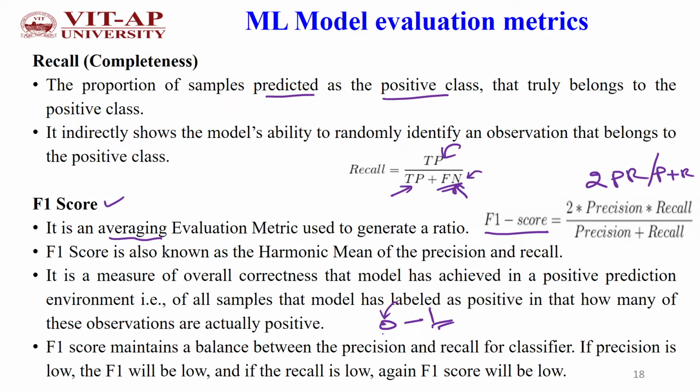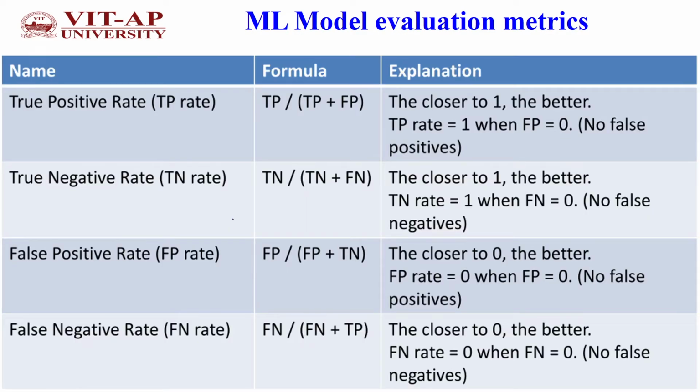That is the thing. Here the true positive rate and false positive rate are given. The true positive rate is true positives divided by true positives plus false negatives. If the true positive rate is close to 1, the model is better, right? True negative rate, if it is close to 1, the model is better.